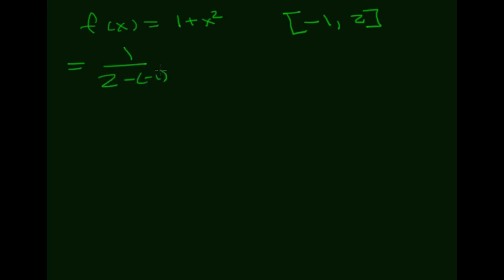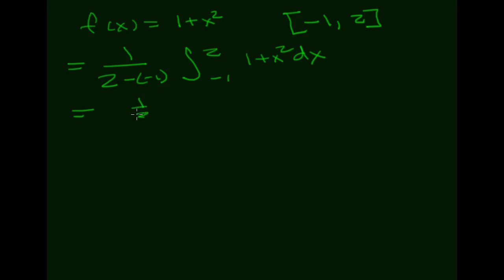So what I want to do here is find, let's say f of x is 1 plus x squared, and I want the average value of f of x on the interval from -1 to 2. So this is going to be 1 over 2 minus -1 times the integral from -1 to 2 of 1 plus x squared dx.